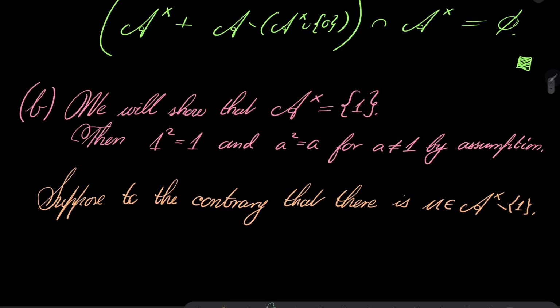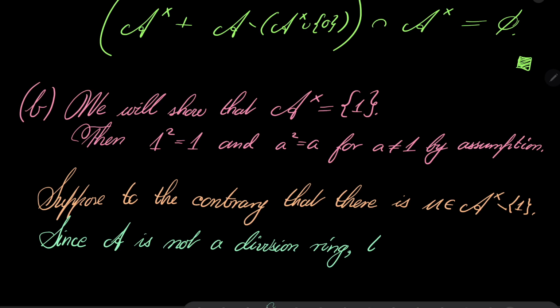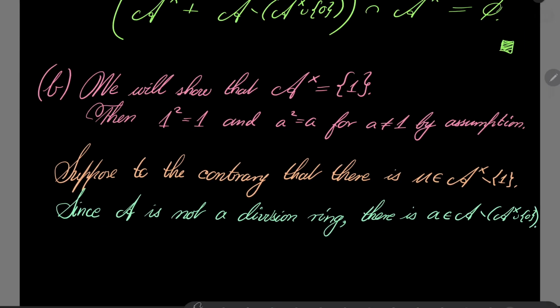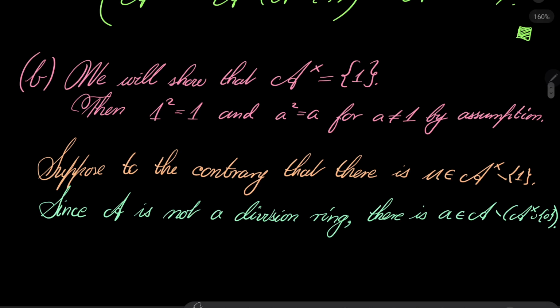Now, since A is not a division ring, there is also an element A which is not invertible and which is not 0. We'll use this very element. Just one. All right. So we have U, we have A.